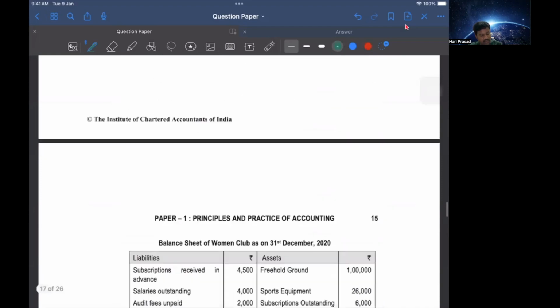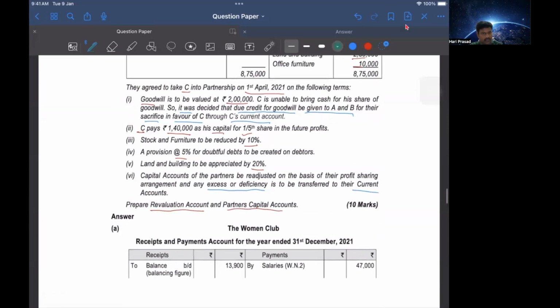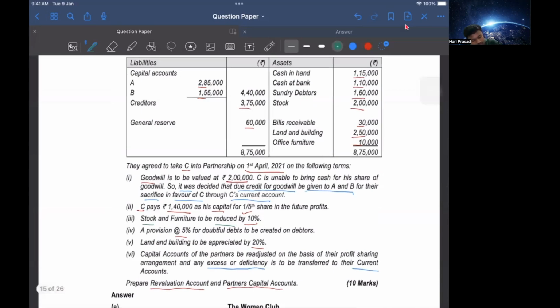Let's see what assets are revalued. Stock and furniture to be reduced by 10%. Here, the assets stock and furniture are reduced by 10%. What is the stock value? 2 lakh.